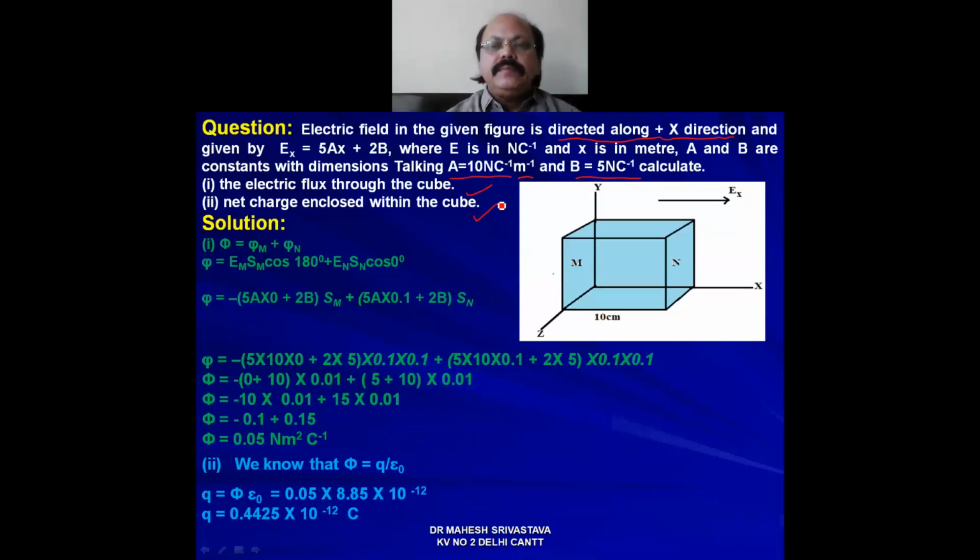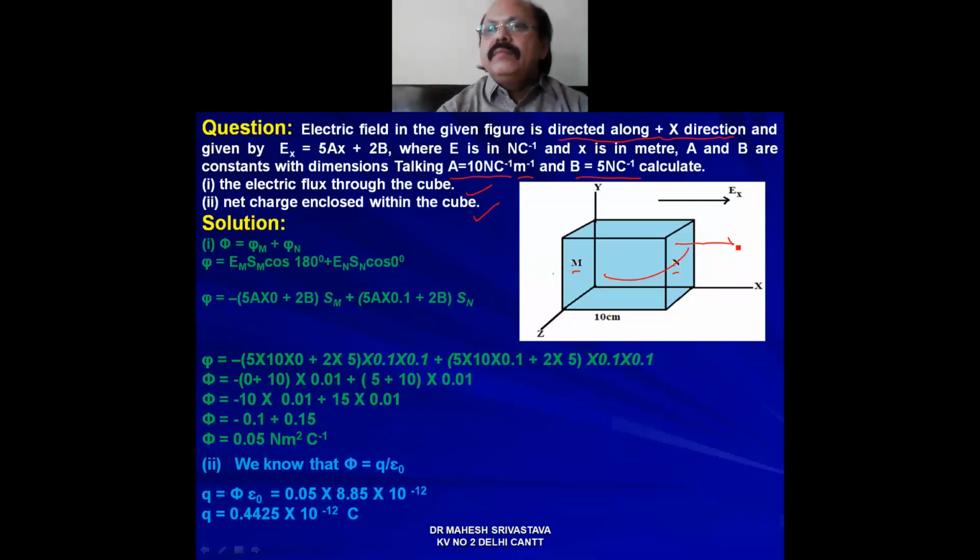Along the positive X direction there are two surfaces, one represented by M and another by N. First of all, for calculating the electric flux, we draw a normal on the surface acting outward.